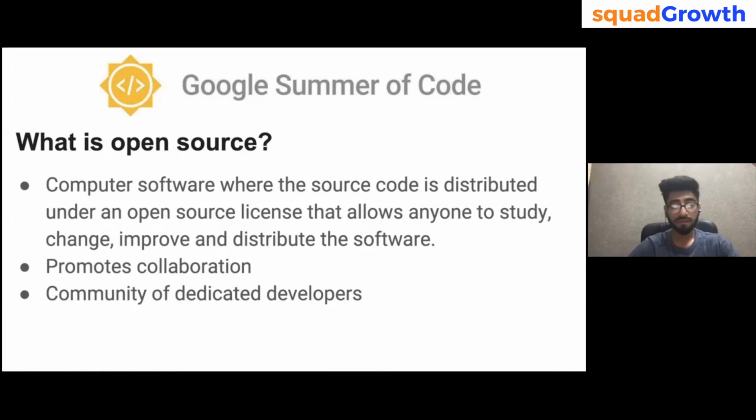There is also a term, open source software, OSS, which comes in the software part. People contribute toward open source communities, which are quite distributed, and you can make good contributions toward open source.